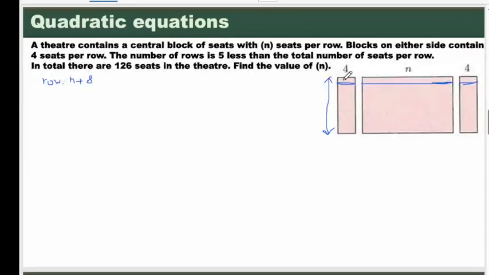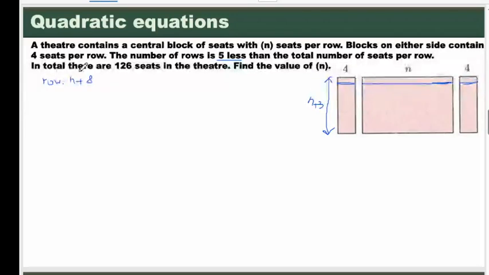So I have to say n plus 8 minus 5. Minus 5 gives me the number of rows, so n plus 8 minus 5 gives me n plus 3.